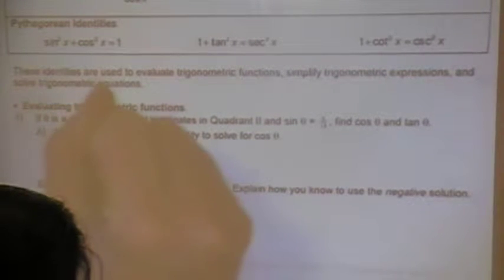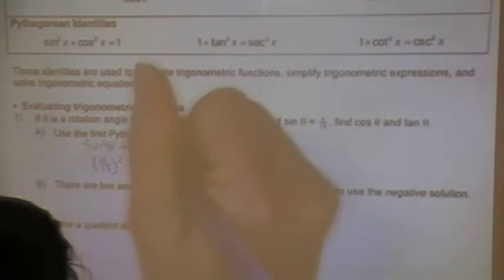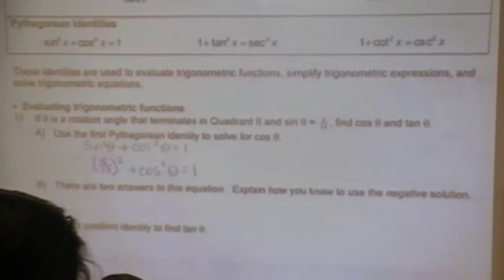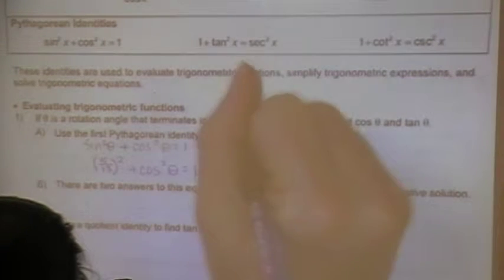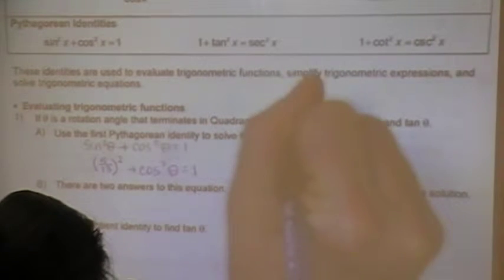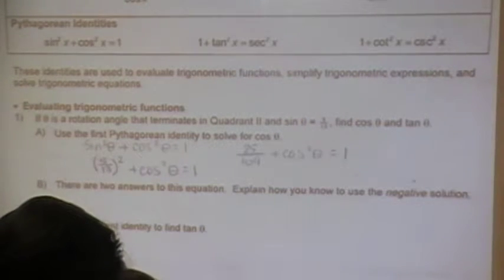So I replace that with 5 over 13 squared plus cosine squared theta equals 1. Now I'm just solving. That's 25 over 169 plus cosine squared theta equals 1.